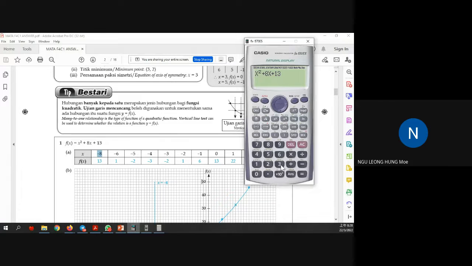My black color one, I think it has a problem. -8. So you get the thing right. Am I right, guys? If you are able to get the 13, even though you use the black color calculator, reply me C. Okay? Reply me C if you get it.